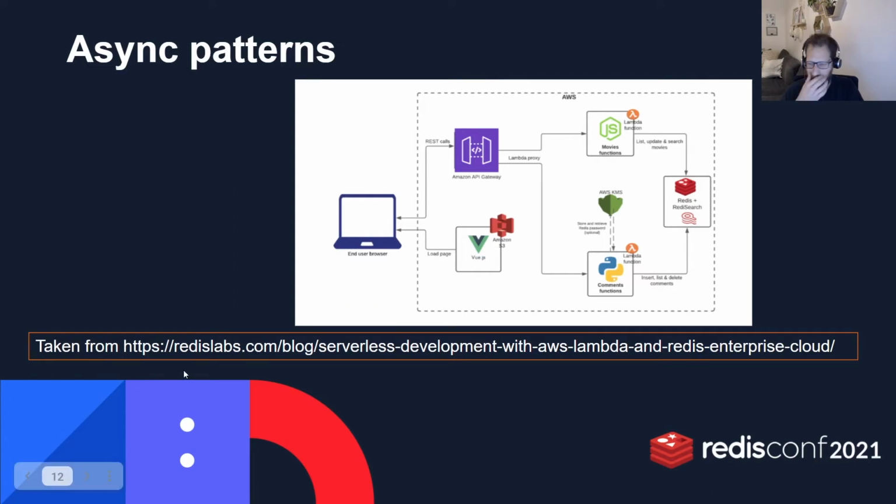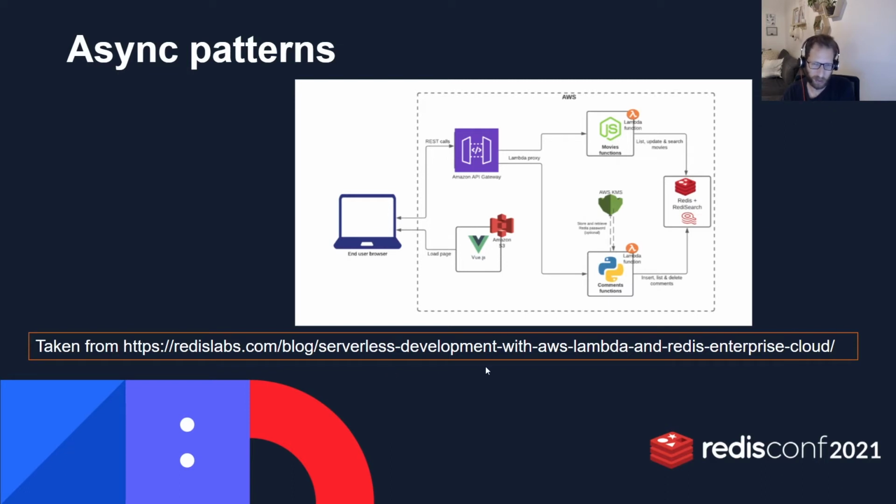And there are some very interesting ways you can integrate the modern cloud with Redis. So this is one example taken from this blog about how you can actually use serverless, specifically here it's AWS Lambda with Redis Cloud.